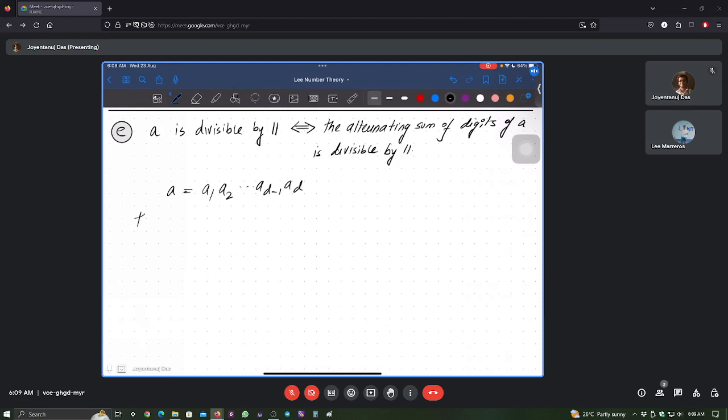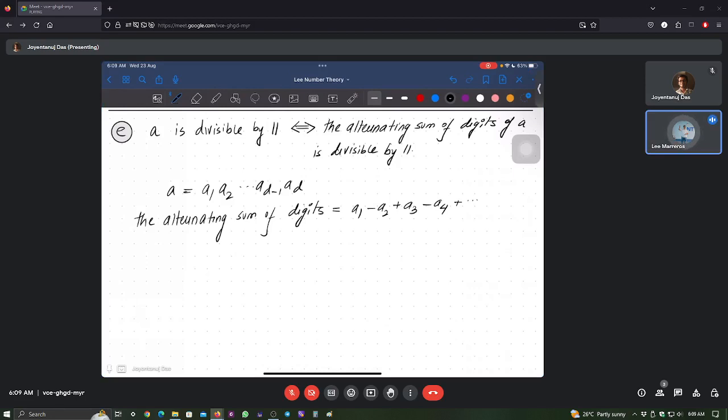Then the alternating sum of digits is nothing but a1 minus a2 plus a3 minus a4, and so on. Alternating sum means it will alternate between plus and minus.